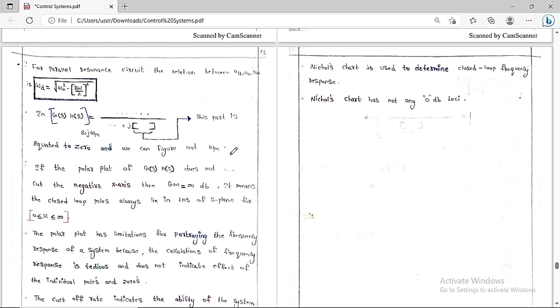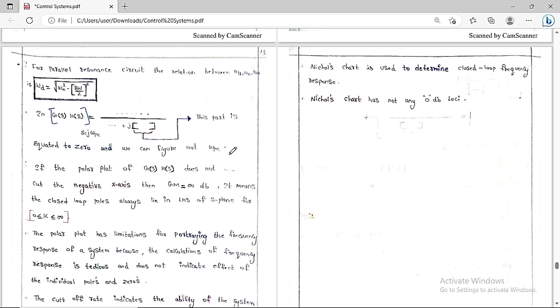And for the denominator, if you equate the imaginary part to 0, then we are going to get the value of the omega PC. But you can get it by another method also, which is the phase angle of G(s)H(s) at omega PC is equal to minus 180. In both ways you are going to get the same thing.